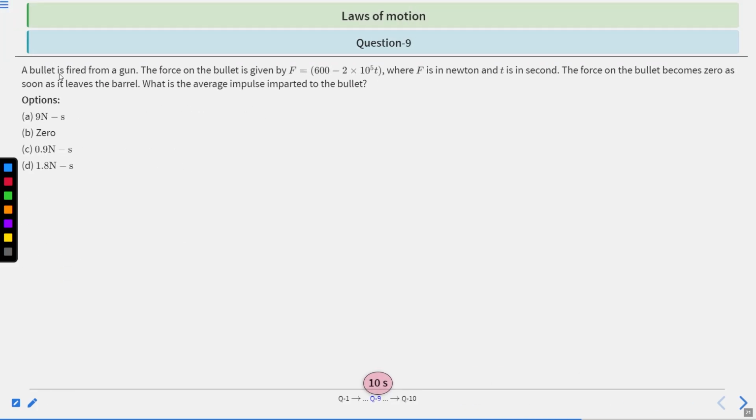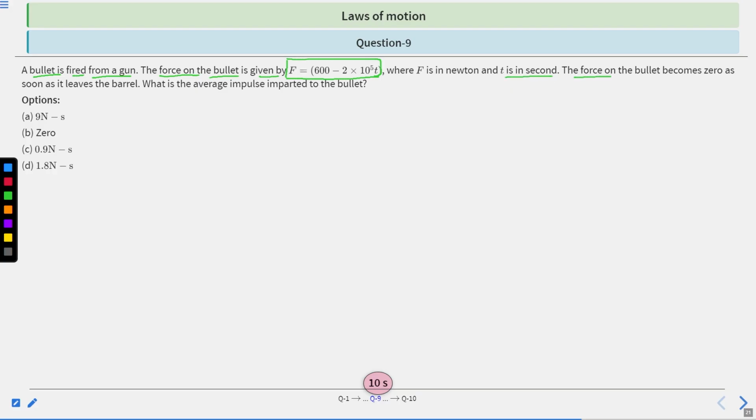A bullet is fired from a gun. The force on the bullet is given by F equal to this, where F is in Newton and T in seconds.